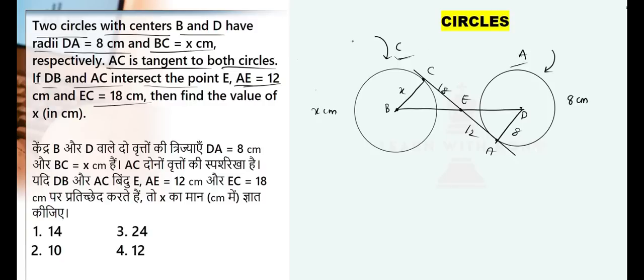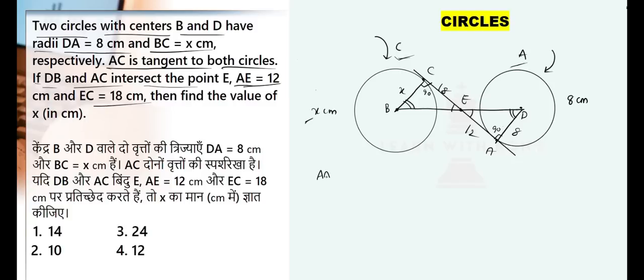They asked us to find the value of x. See here, from the center to the tangent it will make 90 degrees. Okay, again from the center to the tangent 90 degrees, and also see here vertical opposite angles are equal. If two angles in a triangle are equal, automatically the third angles will be equal.